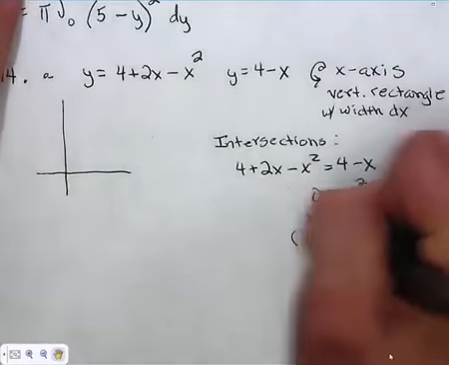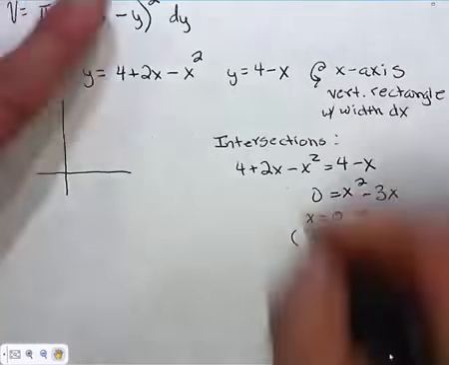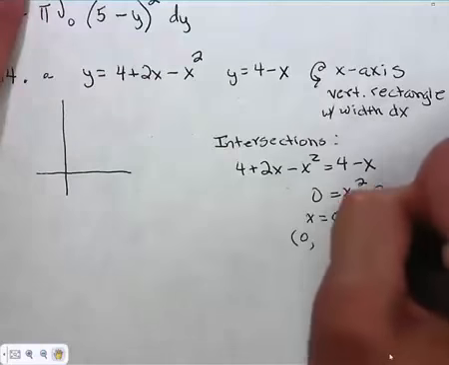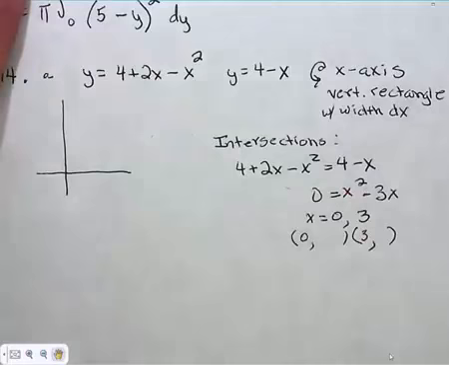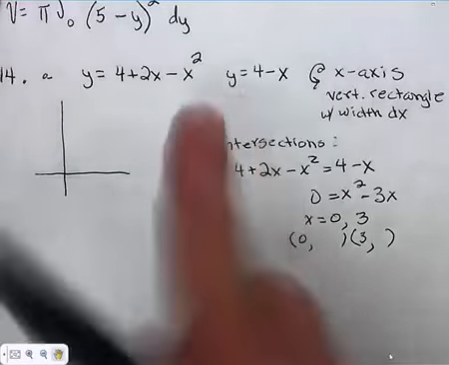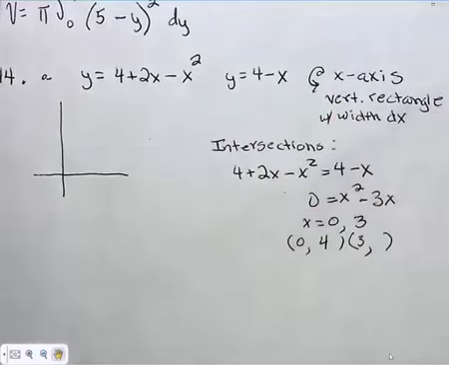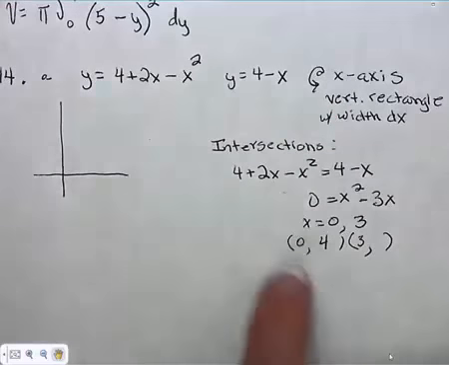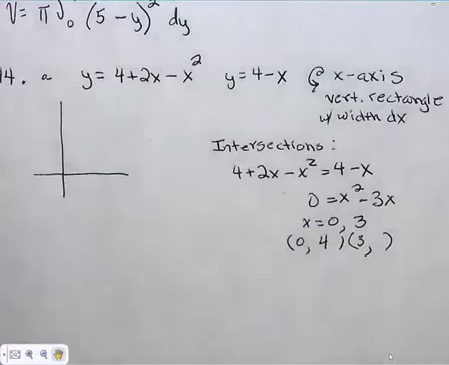If I actually want the ordered pairs so that I can graph them, the easiest way is to let x be 0 in the linear equation and you get y equals 4. You get the same thing if you let x be 0 in the quadratic equation. When x is 3, y is 1.